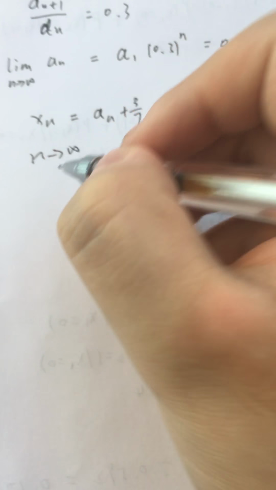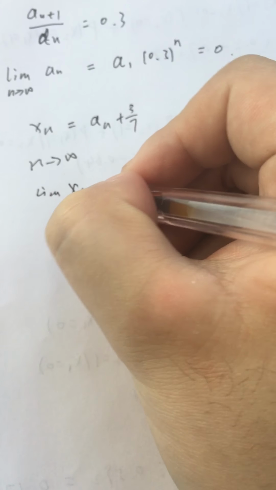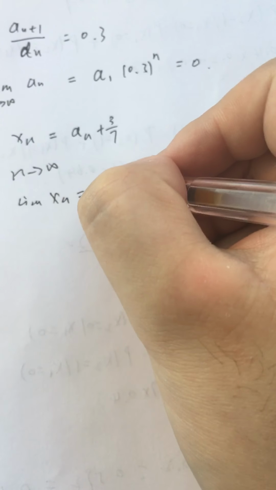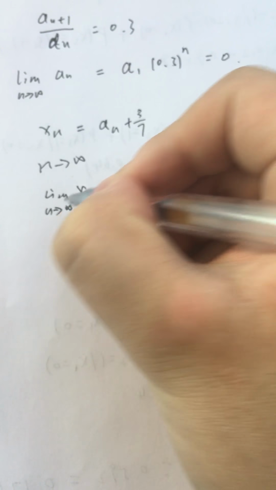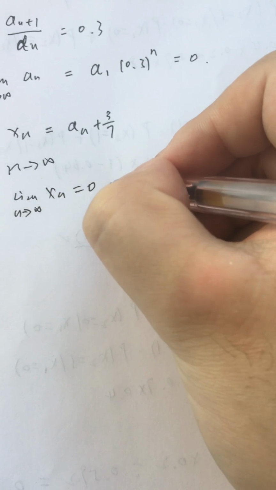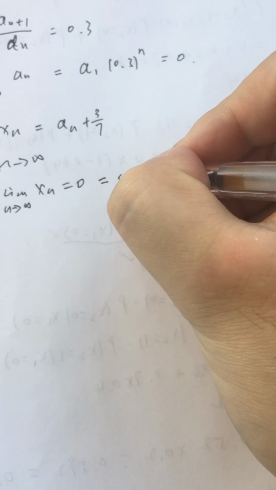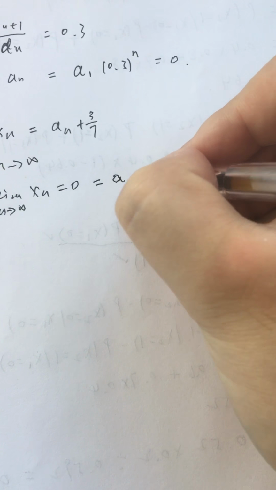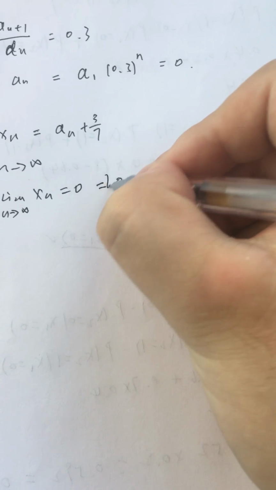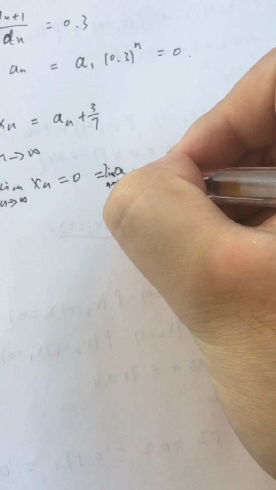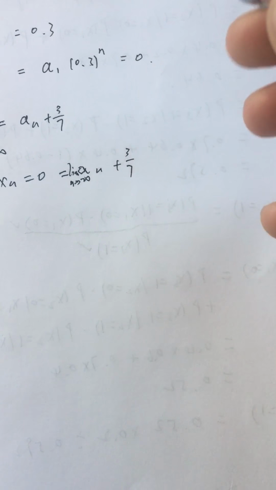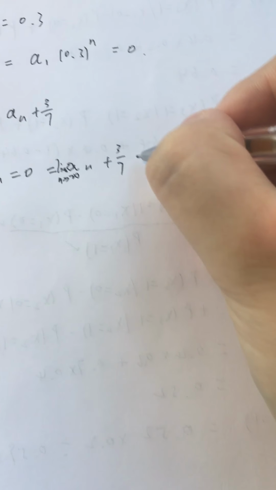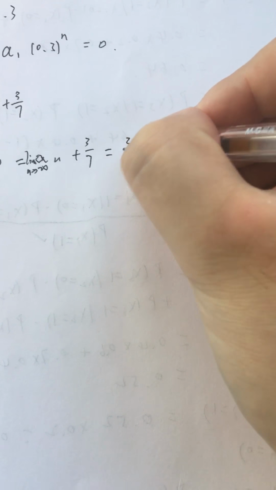So when n goes to infinity, the limit of xn equals the limit of an plus 3 over 7. So the result is 3 over 7.